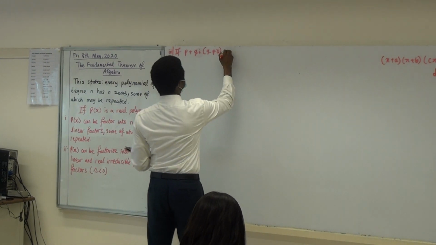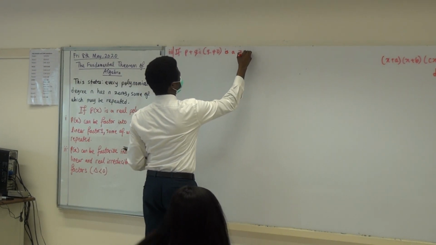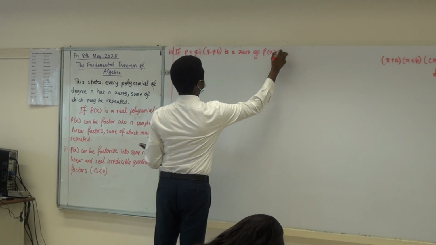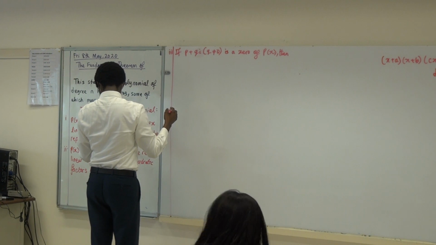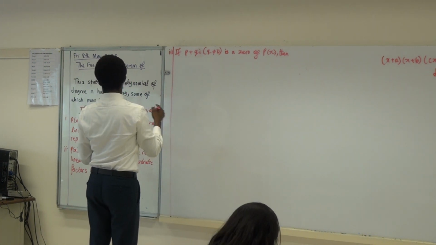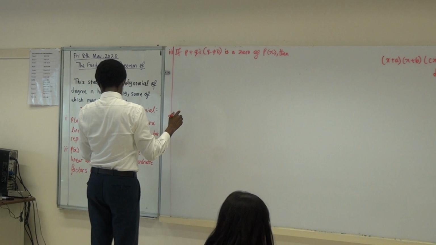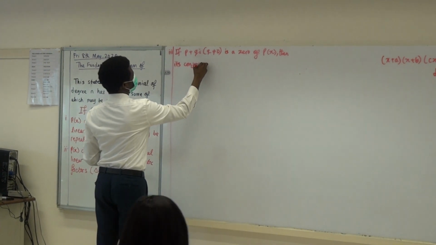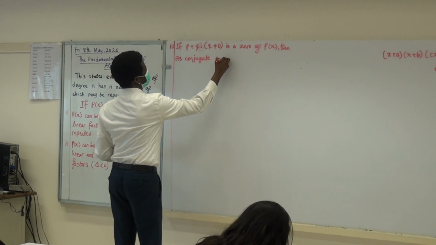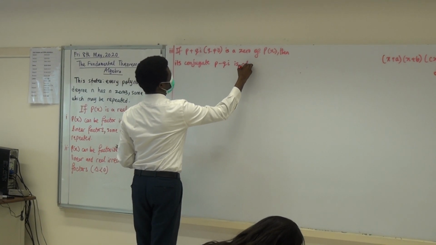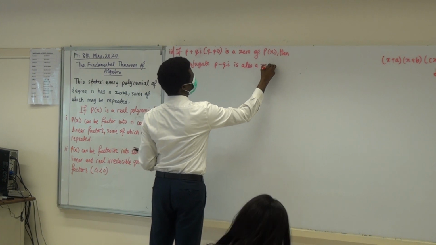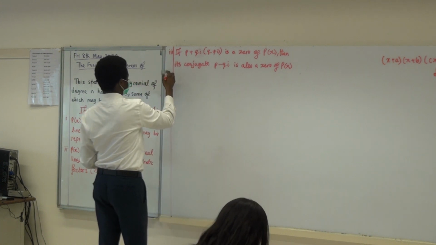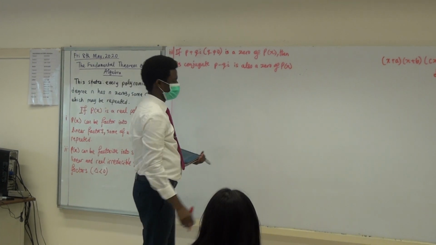If it's a zero of P of x, then, remember P of x is a real polynomial, so I'm not going to keep repeating that, then its conjugate, P minus Qi, is also a zero of P of x. This is very, very important.